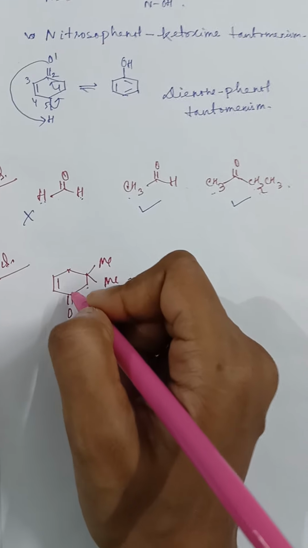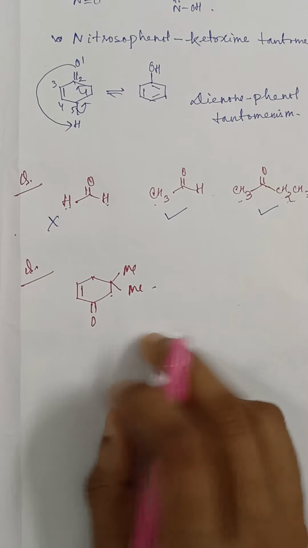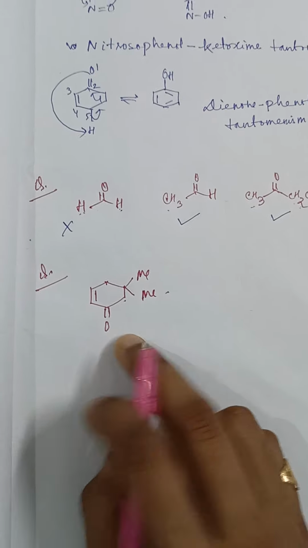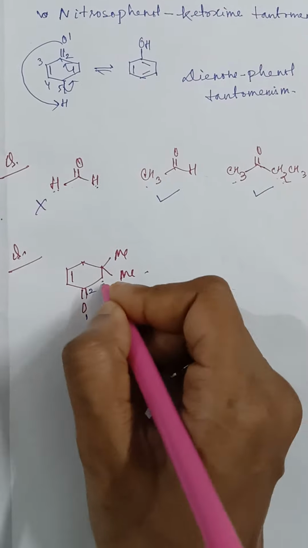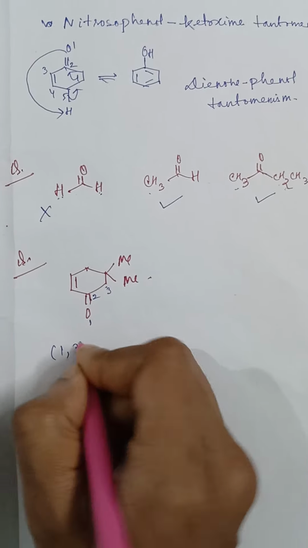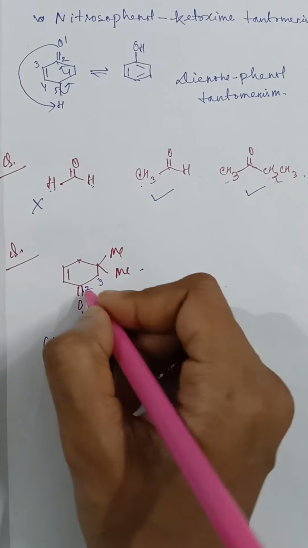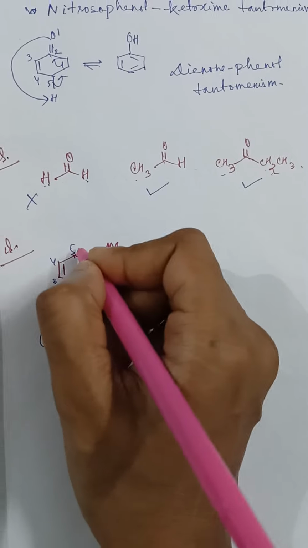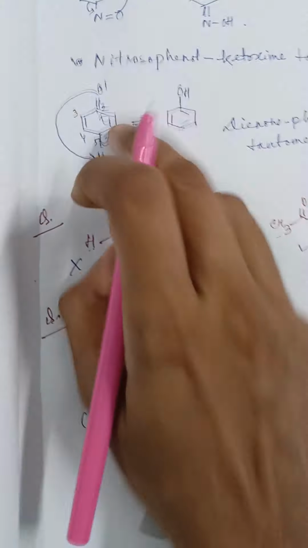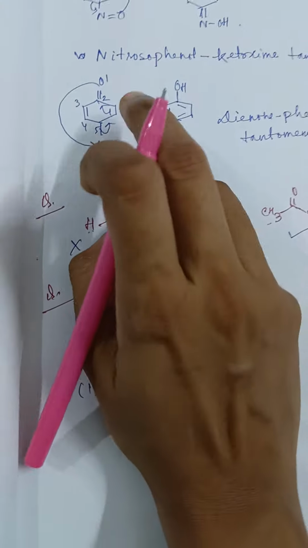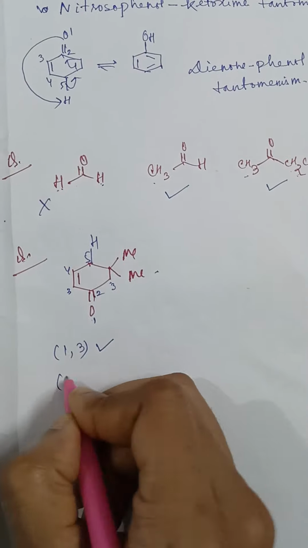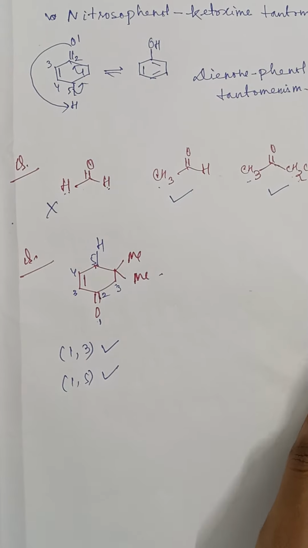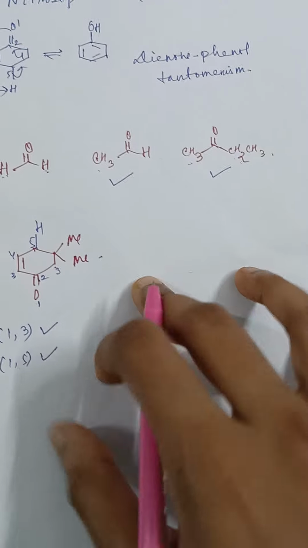Another thing here, they might ask whether this will show 1,3 or 1,5. Now we see 1, 2, 3. So 1,3 it will show. Now you see 1, 2, 3, 4, 5. It also has hydrogen, like the same example I have shown here. So it will also show 1,5. Okay, so you have to take care of this also.